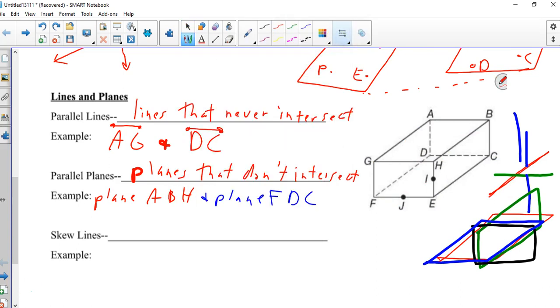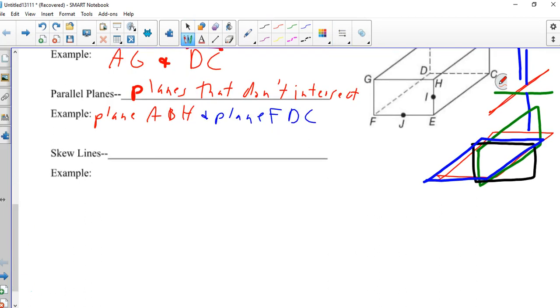Okay, skew lines. Skew lines don't intersect and are not parallel. I'm going to use a symbol for parallel just to save space. Okay?